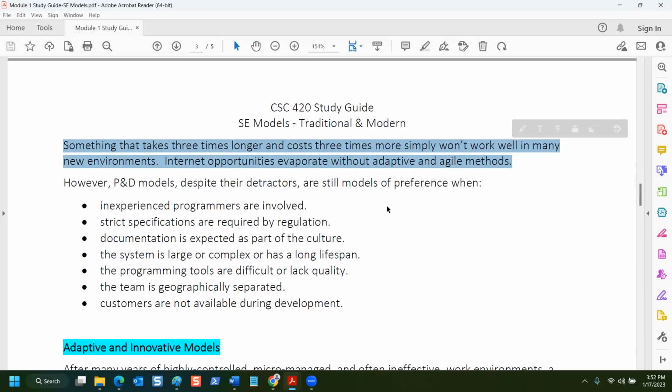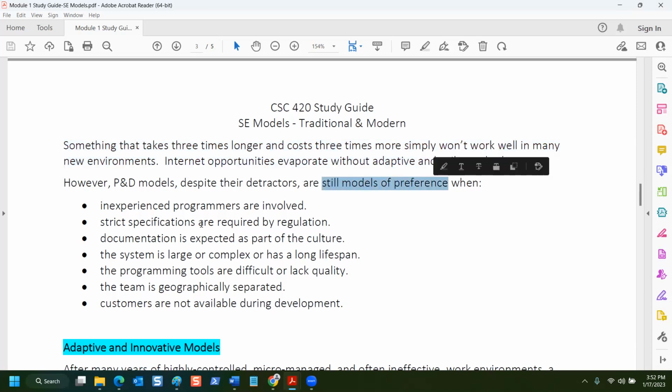So this is one of the caveats or limitations, one of the constraints or restrictions of traditional planning and development (P&D) models, right? Now, despite all of their detractors, they are still preferred when, here we go, inexperienced programmers are involved.